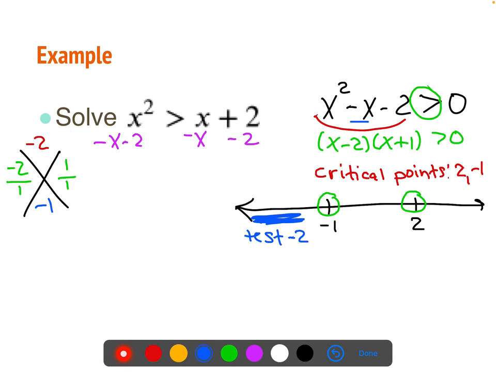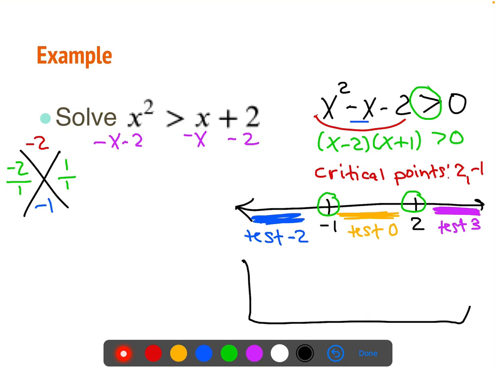And then I'm going to take a number that's in the middle here between negative 1 and 2. Well, a number in between them that's easy is I'm going to test 0. And then I'm going to test a number that's from 2 and bigger. So what's the number bigger than 2? I'm going to test 3. I like to make this into a little table so it makes it easier on me for the testing. So I can be organized.